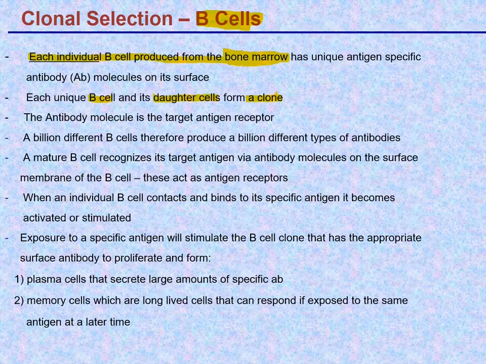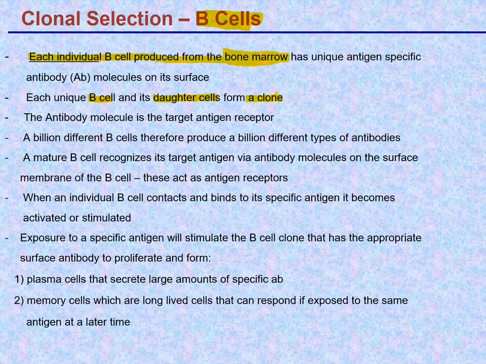So if you produce out of your bone marrow 1 billion different B cells, they will have 1 billion different antibody molecules, each able to bind to a different antigen molecule. If you look at all of them, there's a B cell for almost anything that could get into you.